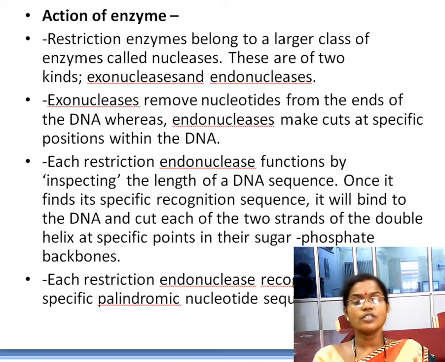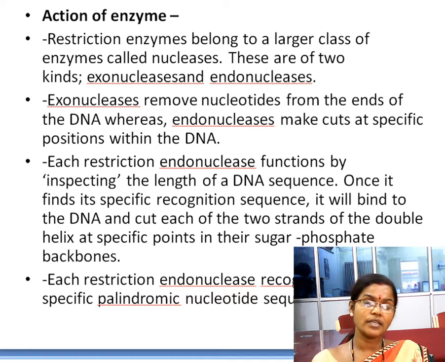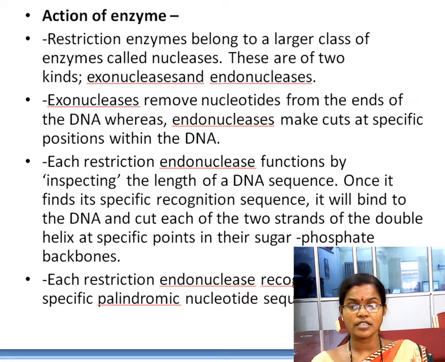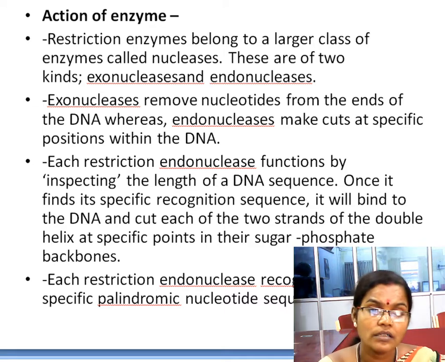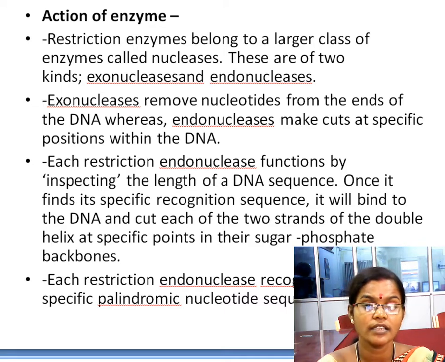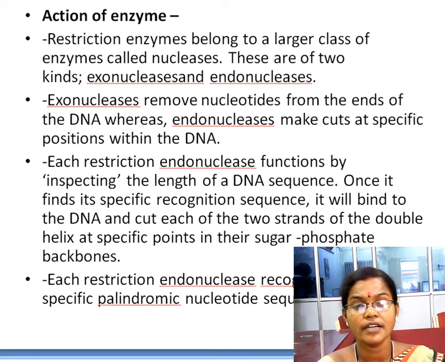Overall, students, the restriction endonuclease enzyme was discovered by the scientist Hamilton Smith, who extracted it from the bacteria Haemophilus. He then extracted 900 restriction enzymes from 230 strains of bacteria, and all the 900 restriction endonucleases cut the DNA at a specific site.